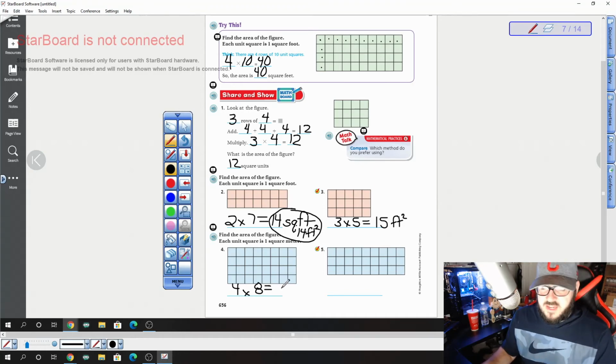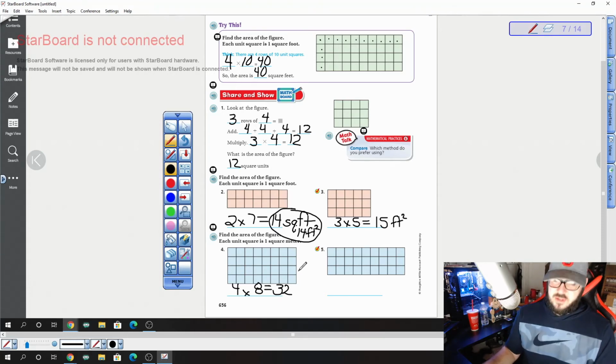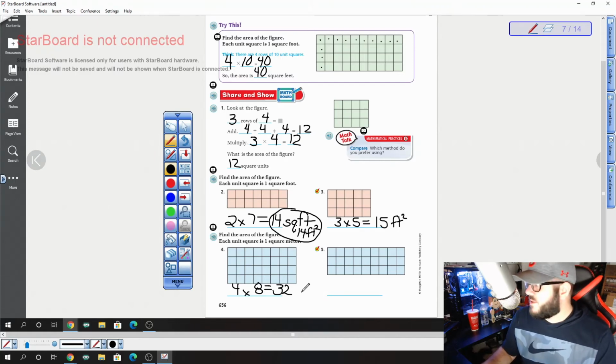And that will get us an answer of 32. Okay, we can write 32 square meters. Or the way to abbreviate meters is to just write an M. And just like we used our 2 here, we'll just use a 2 right after the M. Just above it and small. Okay, 32 square meters.